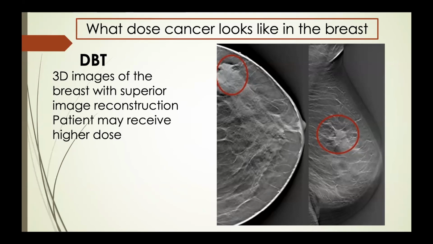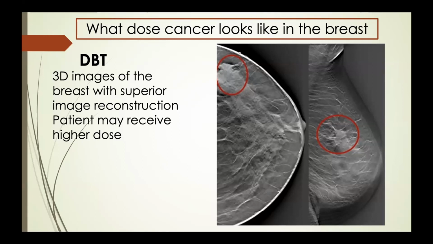So this screen is saying DBT is digital breast tomosynthesis, 3D images of the breast with superior image reconstruction. Patient may receive higher dose. So tomosynthesis is, oh, I wish I could draw. I don't know how to explain it. Like I said, it's like taking several two-dimensional images, projections of the breast.